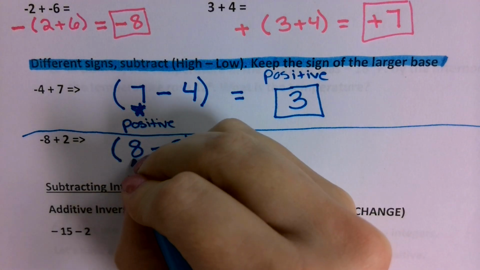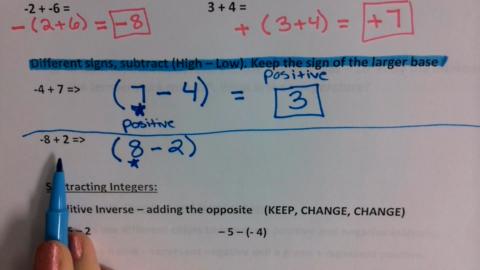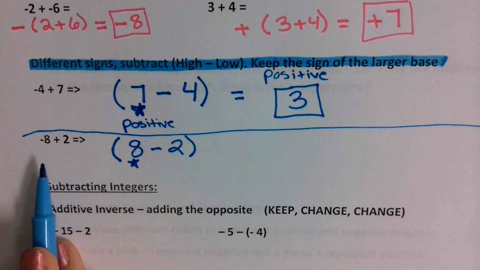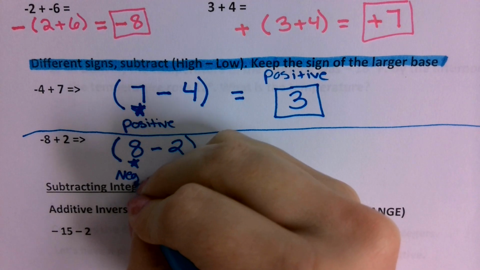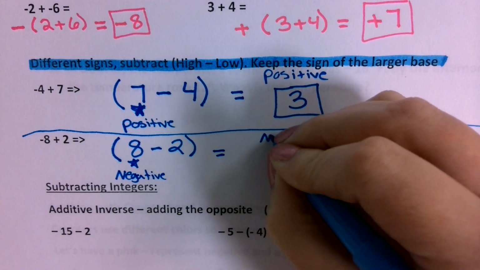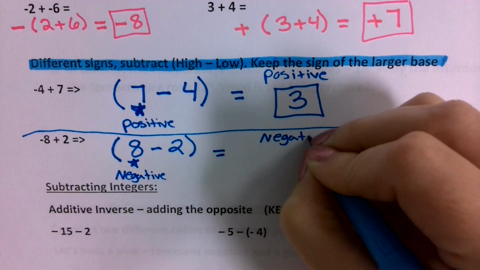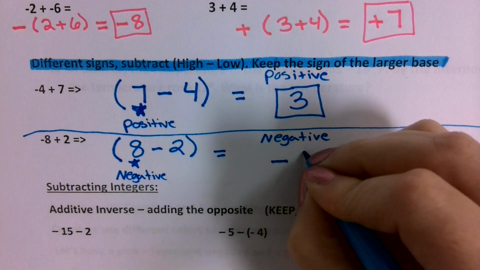Now, again, 8 was the larger base, and was 8 positive or negative? Look back at the problem. Is 8 a positive number or a negative number? Negative. So I'm going to write down that this was a negative value, which means that my answer also is going to be negative. And then I'm just going to subtract like normal. What's 8 minus 2? 6, so my answer is negative 6.